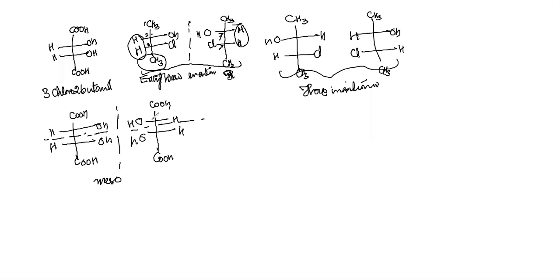Now meso compounds are identical. This does not represent two compounds; they are one and the same.